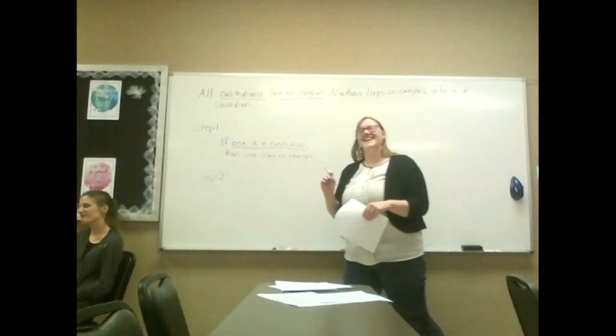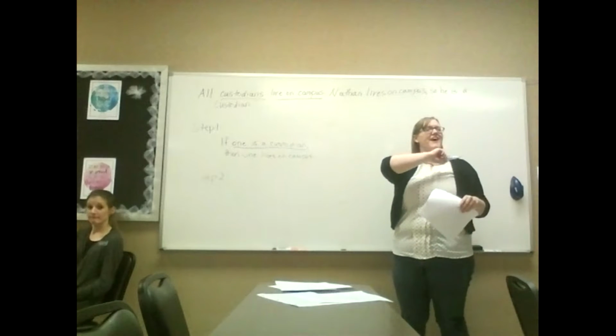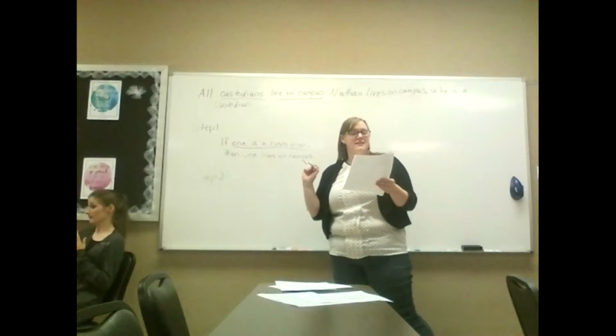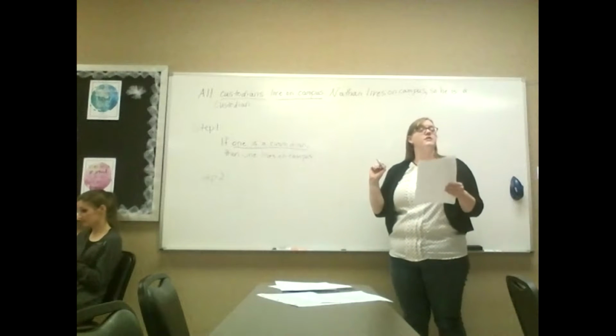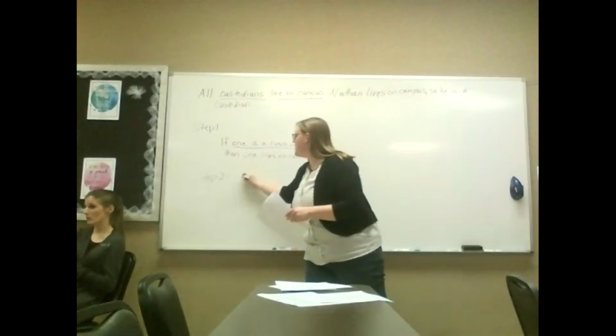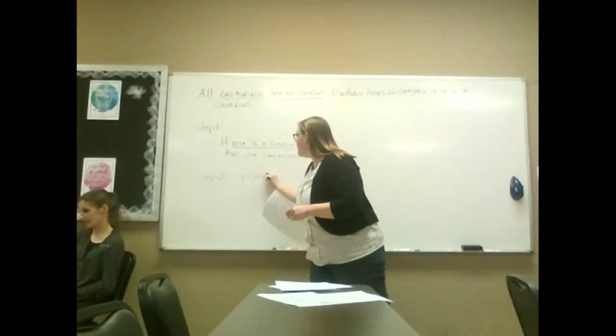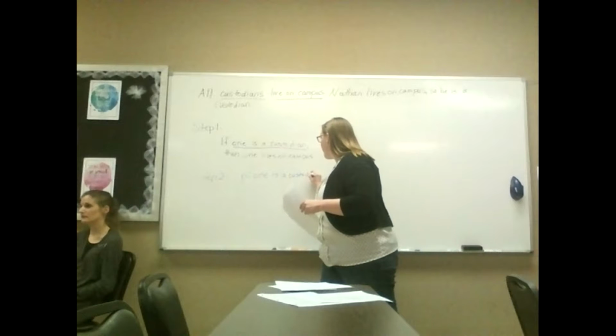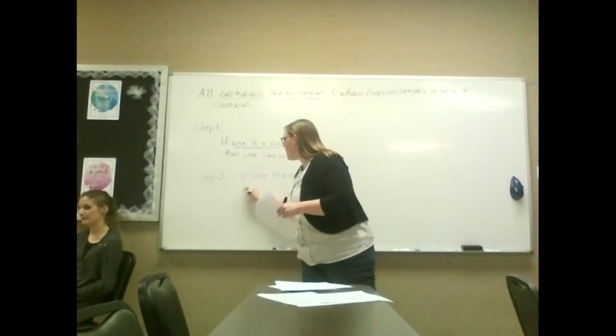It's okay. All right, so Mariah. For step 2, we want to identify the simple statements and label them with variables. So P would be one is a custodian. And what would Q be?